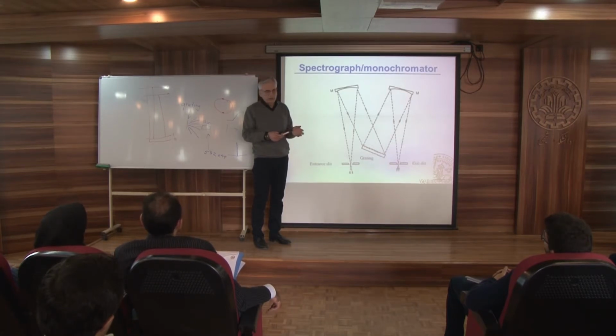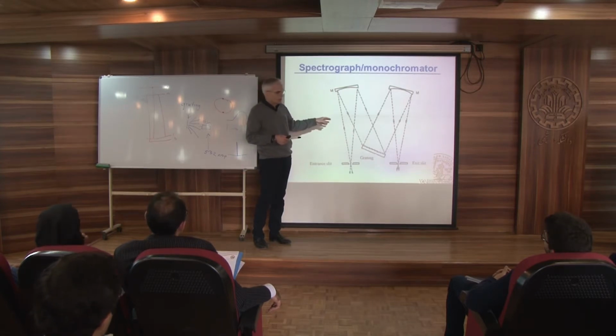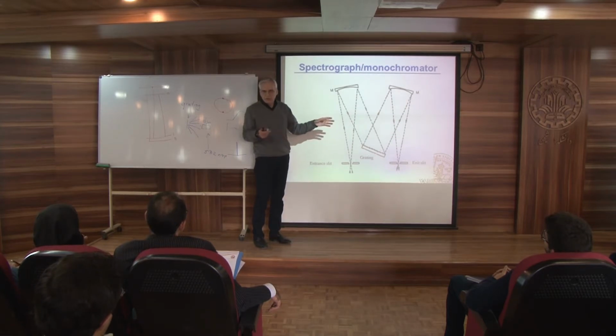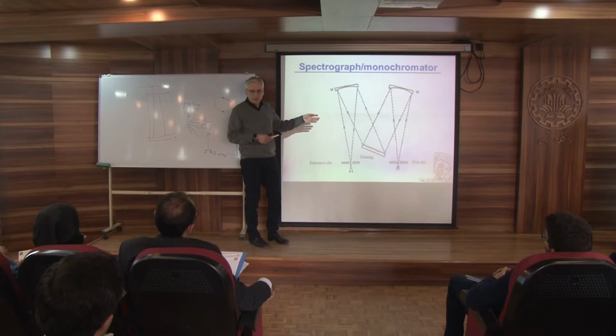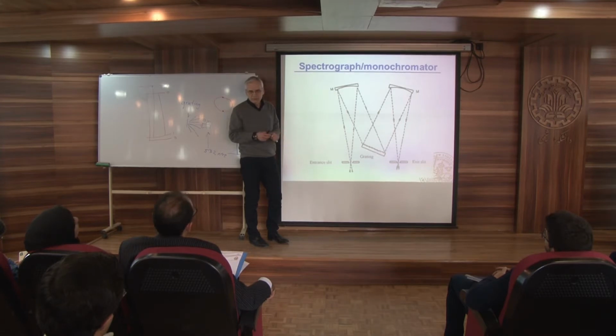But for ordinary measurements in the visible, it doesn't matter. Quartz and glass are the same between 400 and 800 nanometers. So if you want to look for the chemiluminescence from a detection point of view, you can equally well use ordinary glass.